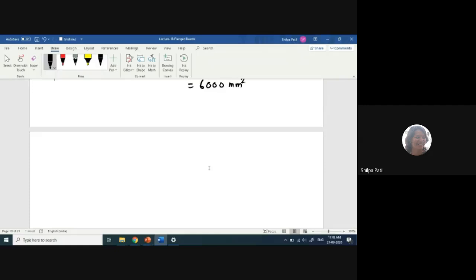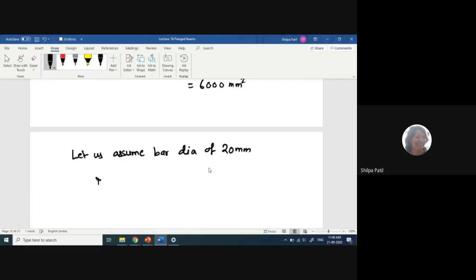Now as the area of the steel is higher, it is more than 1000. I'm assuming here the bar diameter as 25 mm, not even 20 mm, or I will show the calculation by both. I will consider initially 20 mm. Let us assume bar diameter of 20 mm.